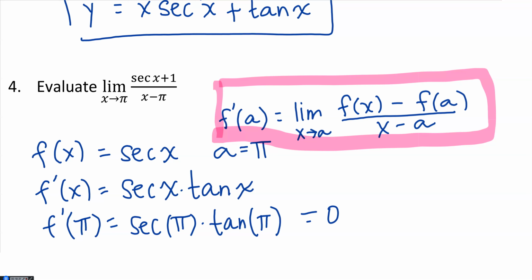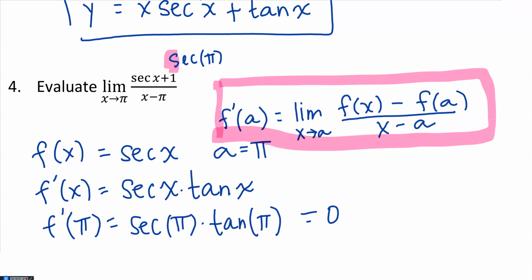And then the a value that it's approaching is going to be what? Pi, okay? Because think about this. What is secant of pi? It's going to be a negative 1, right? So that's why it turns into a positive 1 right there. Good?